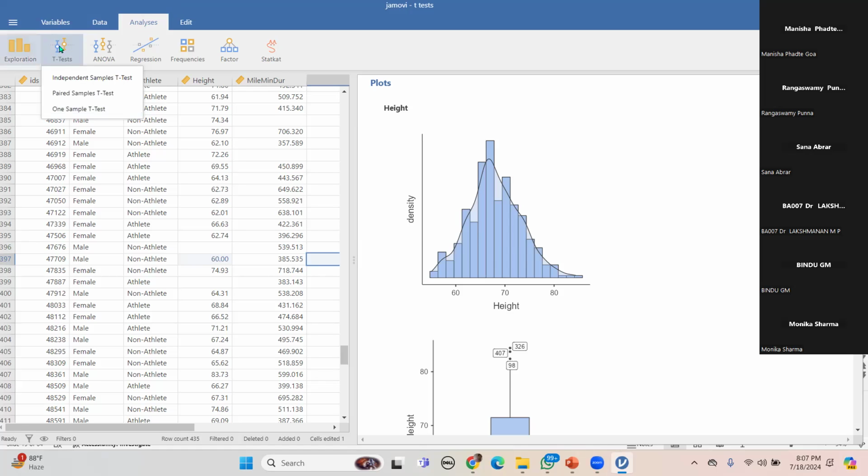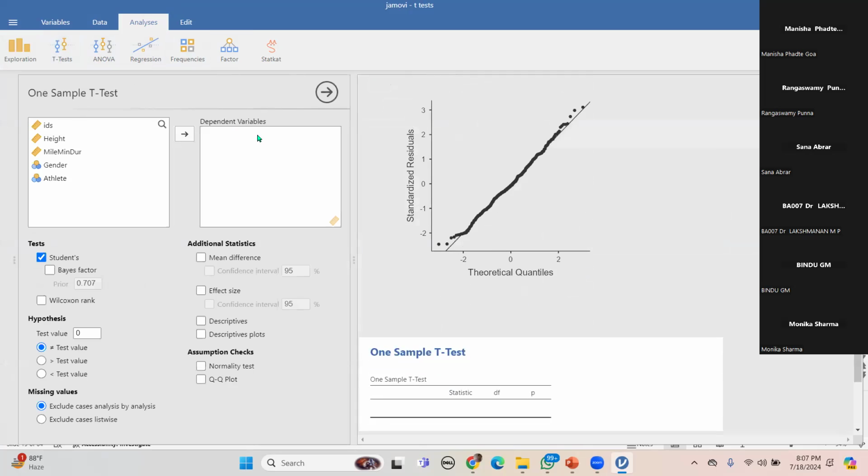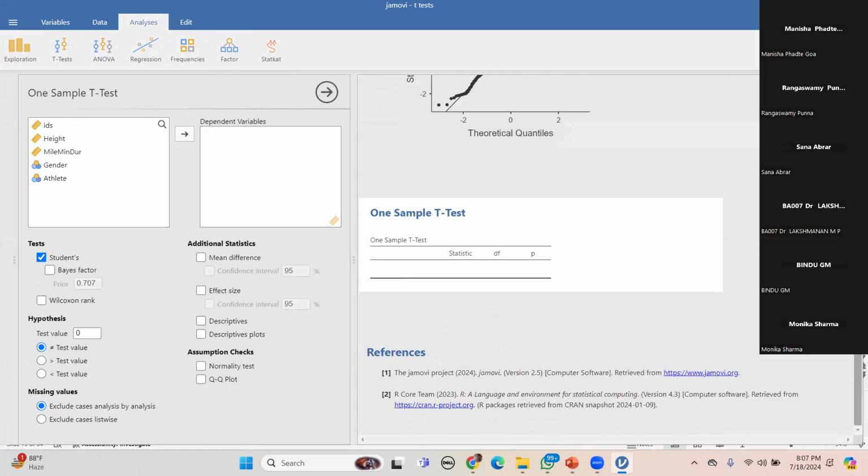As a part of the analysis, we have t-test, ANOVA, regression. Go to t-test. Within that, we have one sample t-test. Just select it.